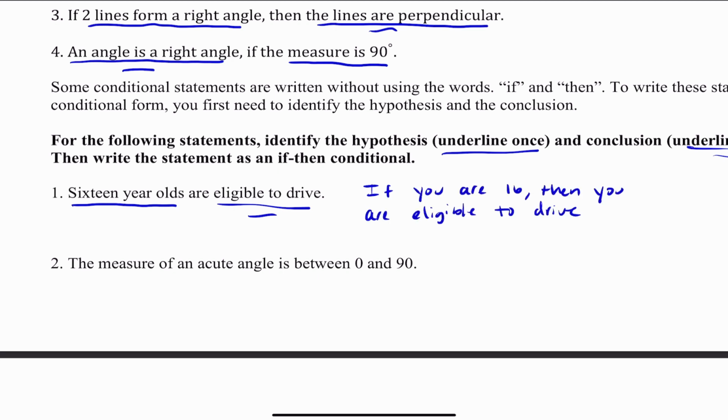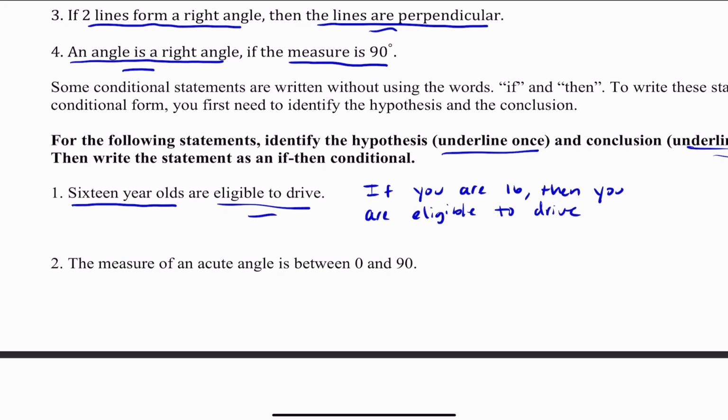Number 2, the measure of an acute angle is between 0 and 90. This can go either way, because an acute angle implies that the measure is between 0 and 90. But if we're talking about the measure of an angle, and any angle between 0 and 90, then it's an acute angle.